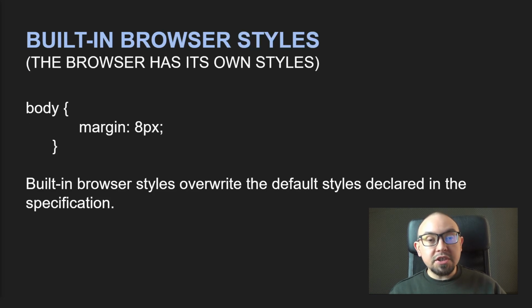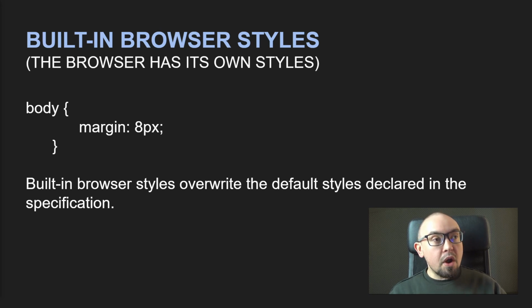But there's also such a thing as built-in browser styles. We can think of them as the CSS style file that the browser has. And in this file, the browser has a certain margin for the body tag of 8 pixels. We often say that this is the default style, which is not entirely true. The default style gives a margin of 0 to this element.